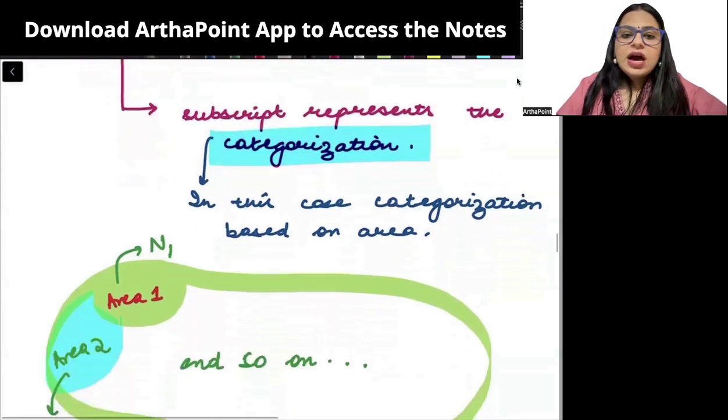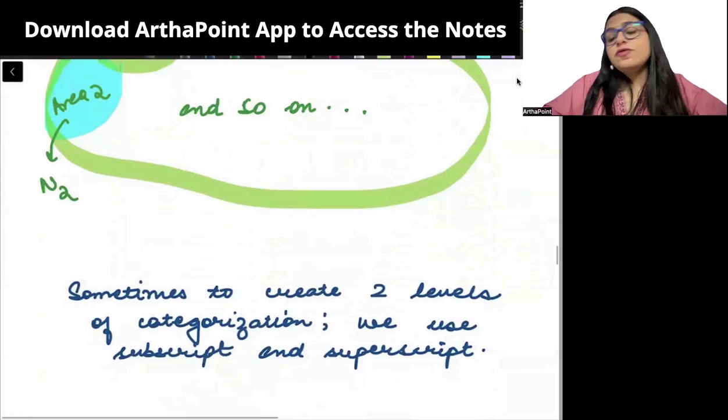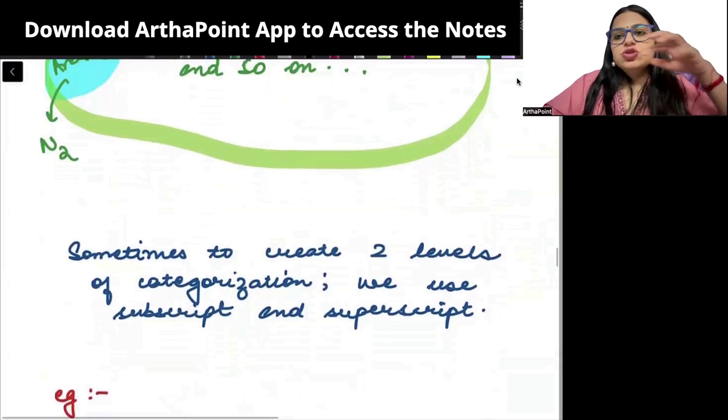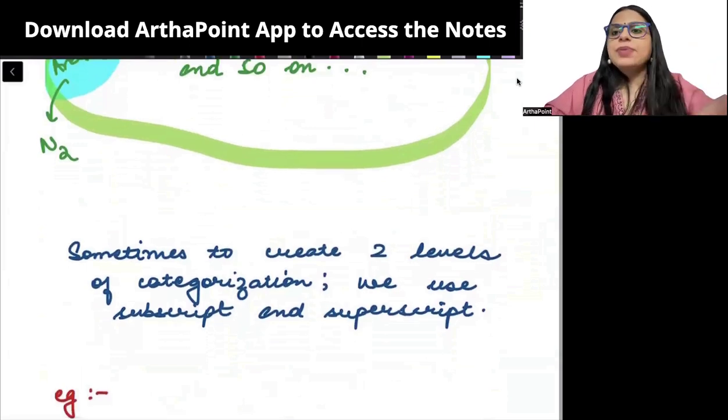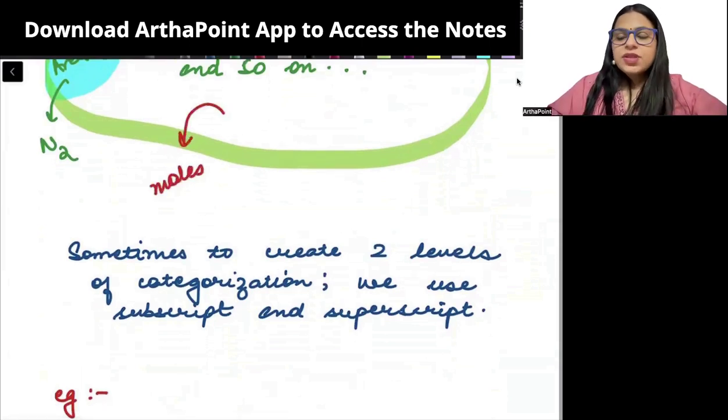ठीक है? Now what can happen? Suppose I need to go ahead and do further categorization of the variable. Suppose मुझे ये करना है कि मुझे इस categorization को 1 level up करना है, ठीक है? तो I want to know कि कितना employment males में होगा in area 1. ठीक है?